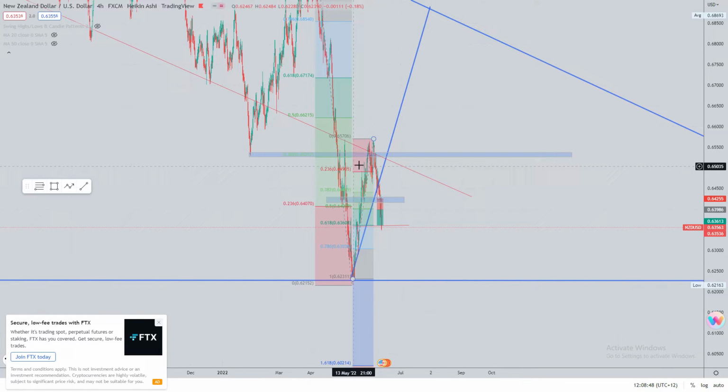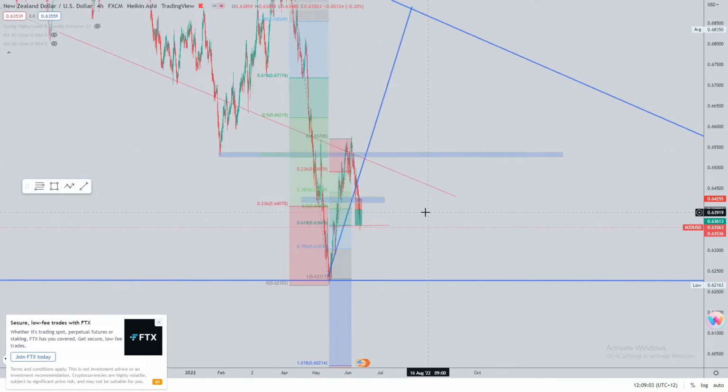What happened was that in the region of 0.236, the market reversed around this area, which is okay.